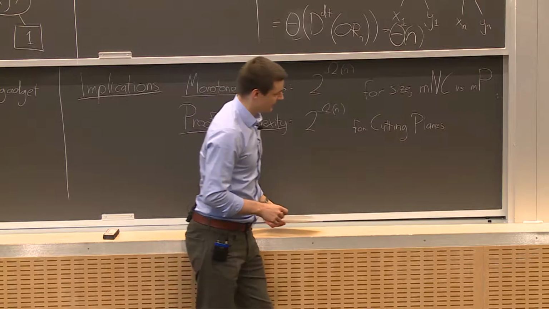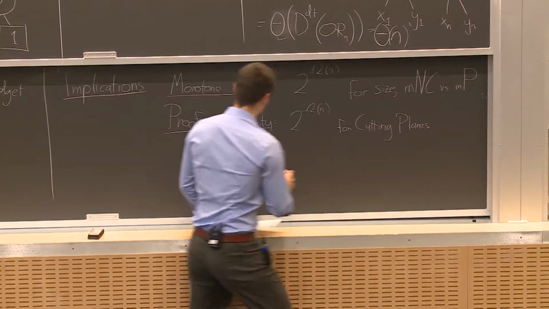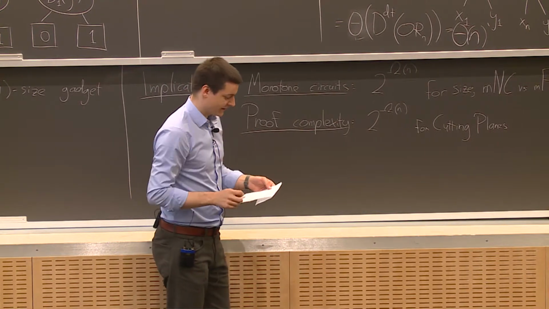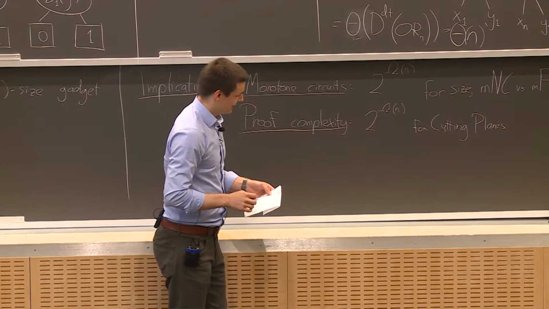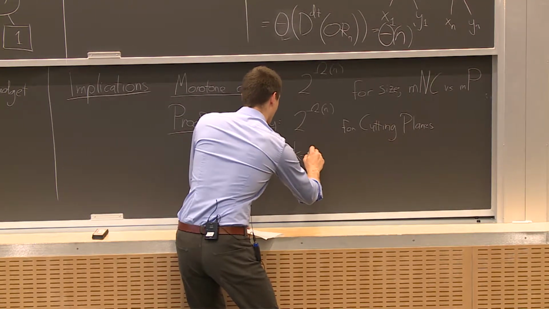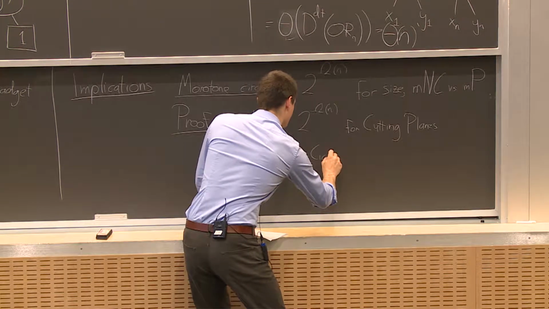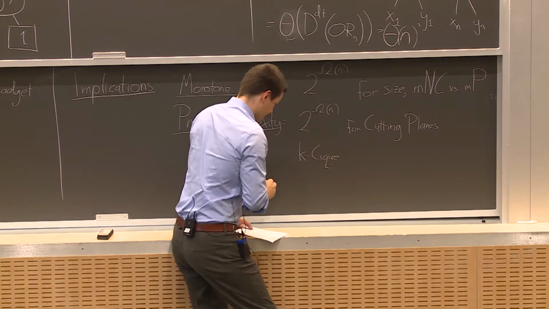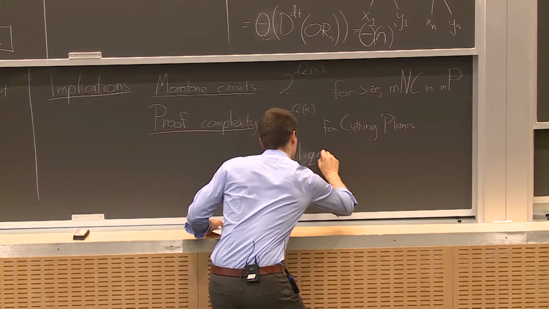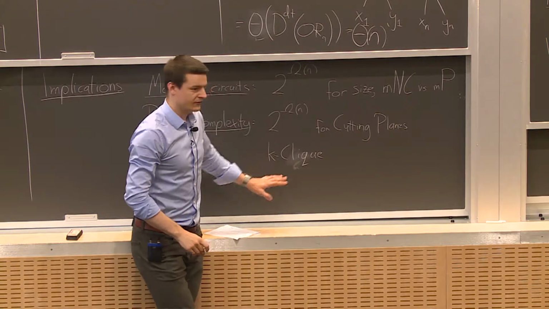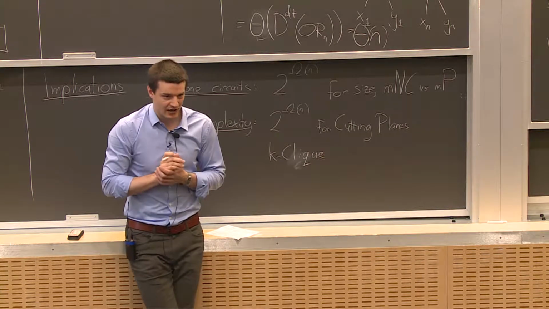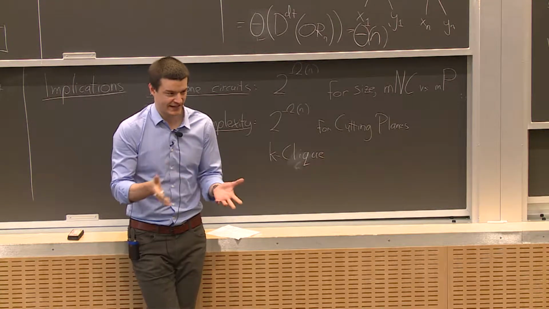And another problem in proof complexity that I want to mention, especially because there are people in the audience who have been doing this, is studying so-called K-clique formulas. So these are formulas that say that for a specific graph, the graph contains a K-clique.